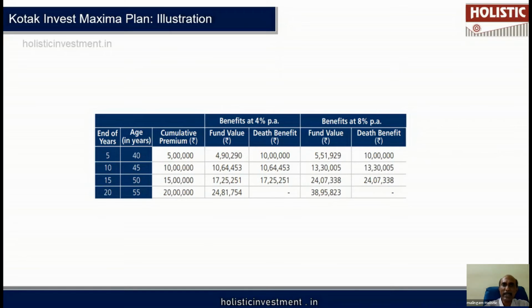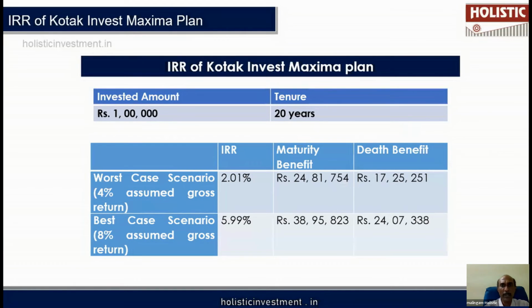Now let us take expenses into account and find out what kind of return it works out to. In a worst case scenario, after considering the expenses, it works out to 2.01% return only. In a worst case scenario, the net return received by you in the Kotak Invest Maxima plan can be 2.01%.